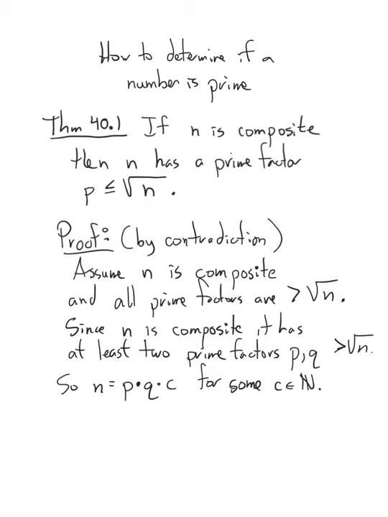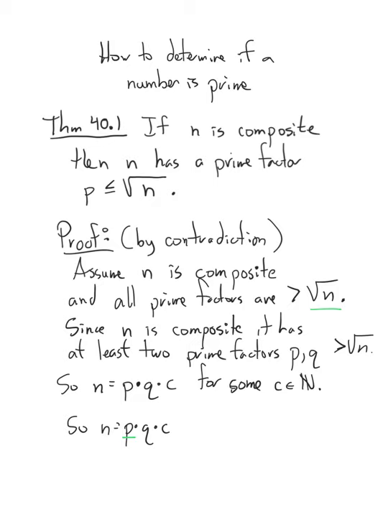All right. So n is our 2 primes, because we know 2 of them exist because the number is composite, times everything else. So n, which is p times q times c. Well, if I replace p with square root n, I know p is greater than square root n, so I get something smaller.